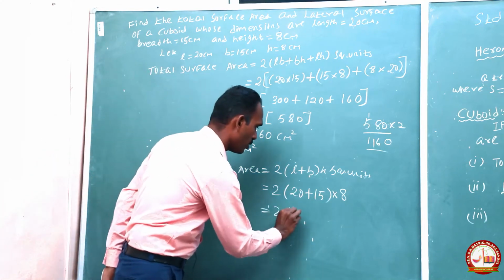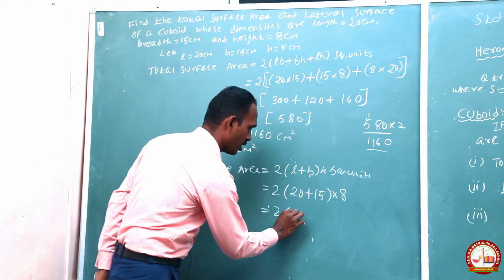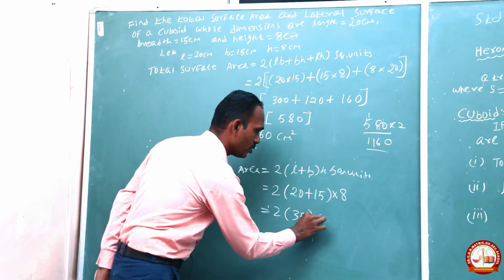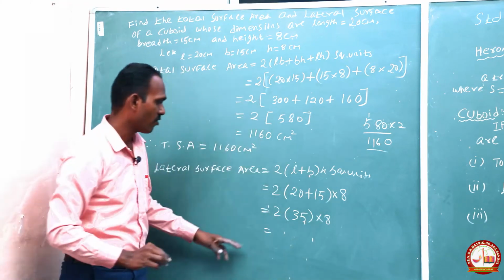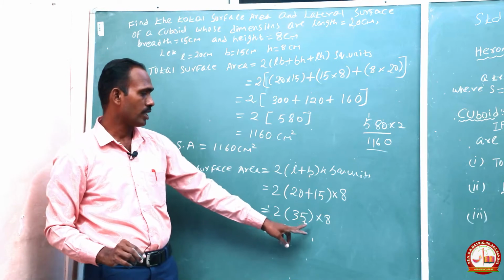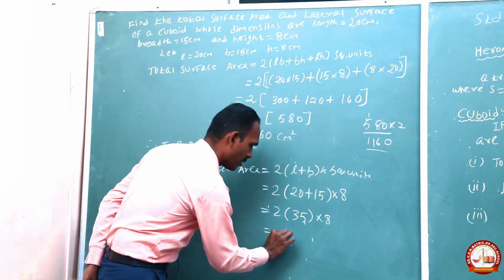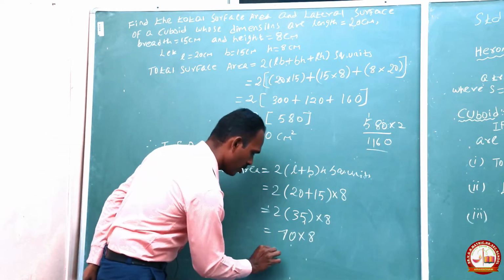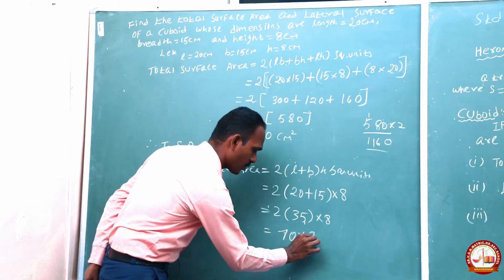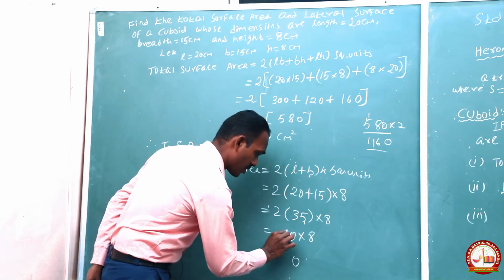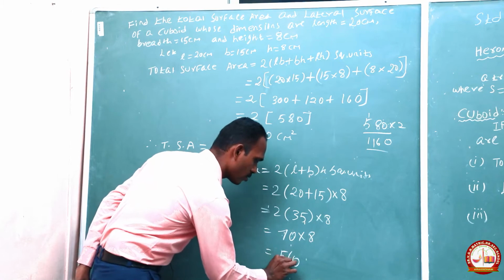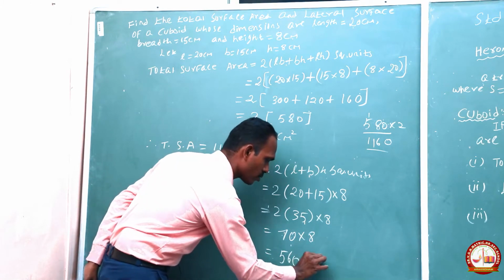So 2 into 20 plus 15, 35 into 8. Here we multiply 2 into 35. 2 into 35 is 70. So 70 into 8. So 0 into 8 is 0, 7 into 8 is 56. So 560 centimeter square.